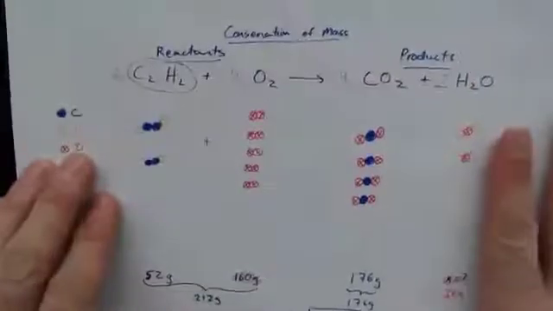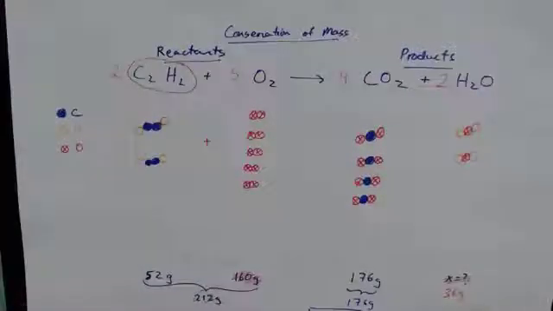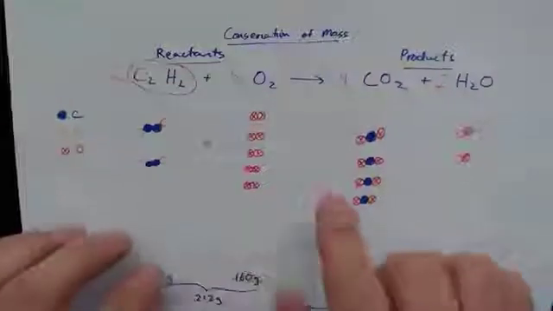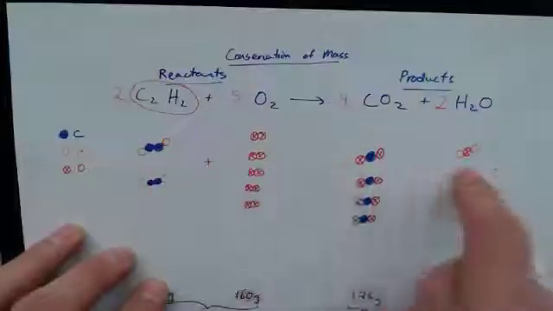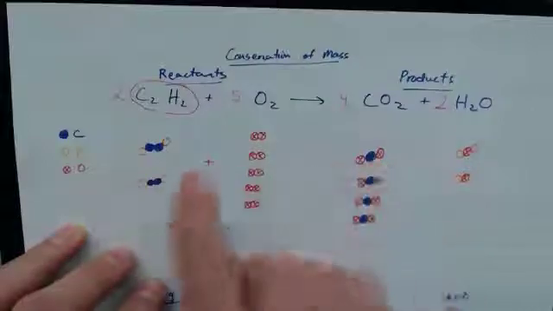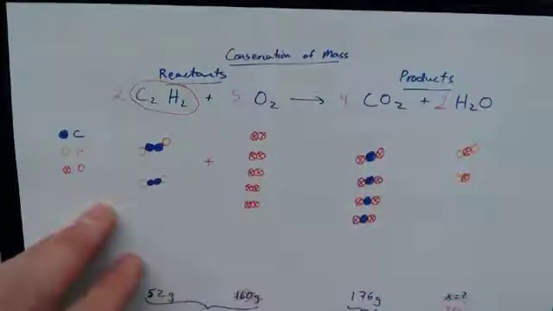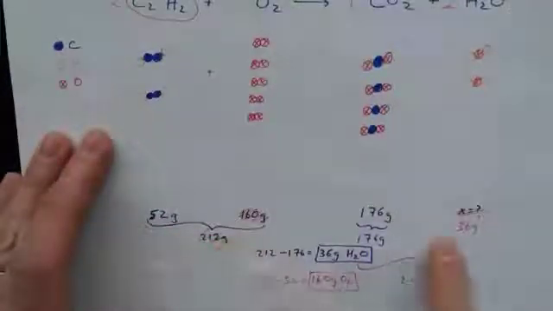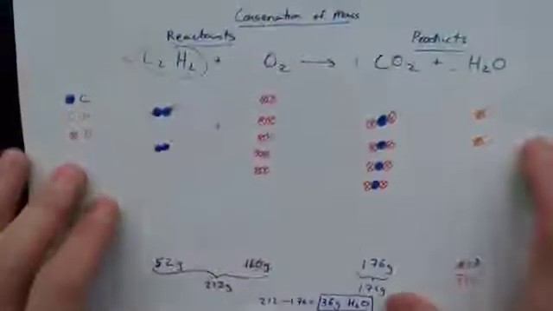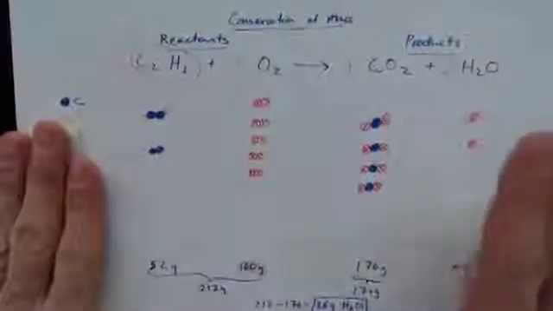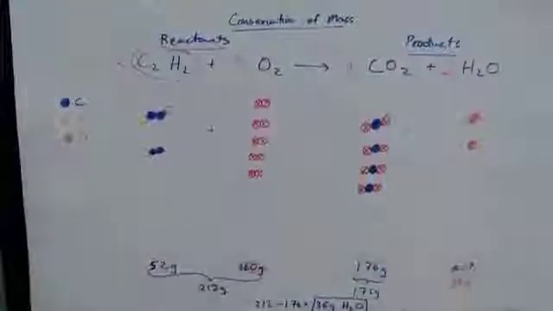How do you study this stuff? You practice it. Practice it over and over and over. And the beauty of this stuff is that with the particle model, you know if you got it right, because you can just count them and they have to equal up on both sides, and the mass has to equal up on both sides. Okay? So remember, practice, practice, practice, and you'll do great.